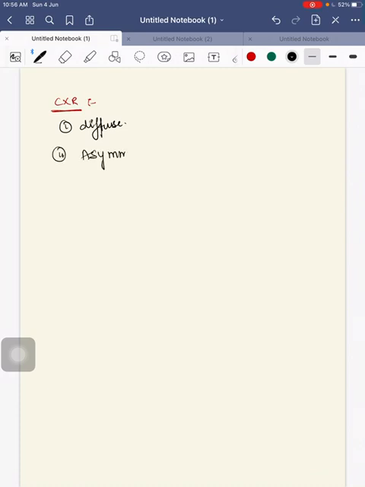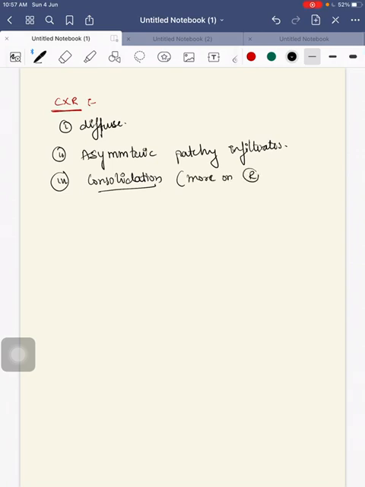There can be asymmetric patchy infiltrates. There can be consolidation. This consolidation can be more on the right. Plus there can be hyperinflation.